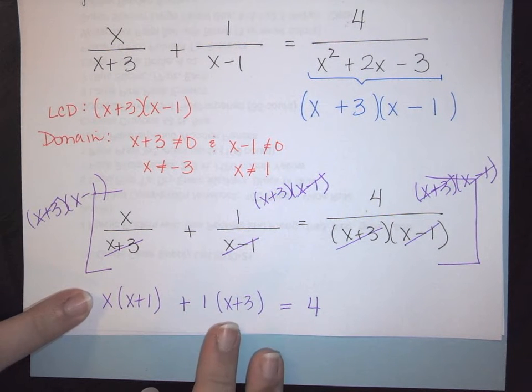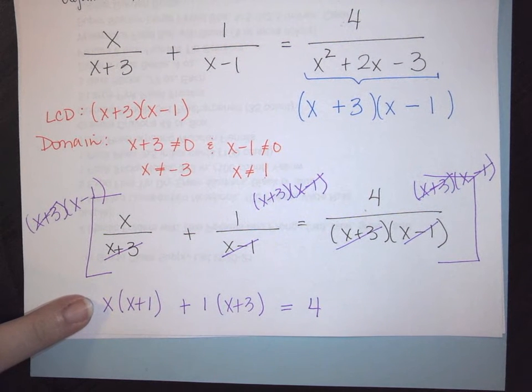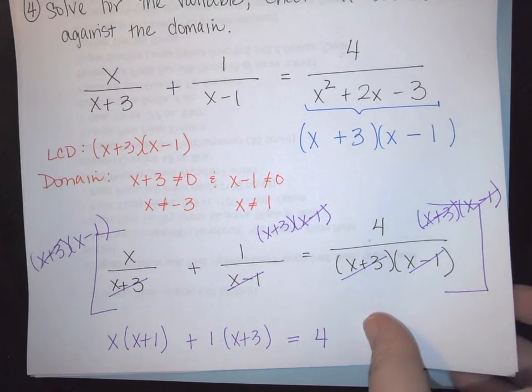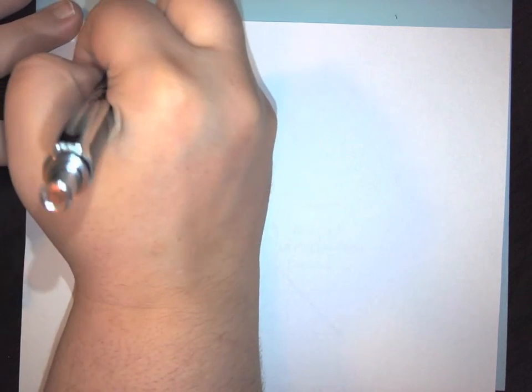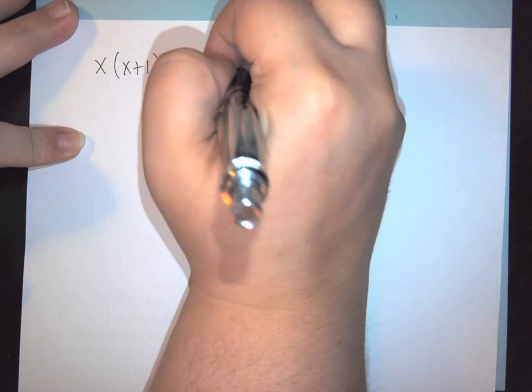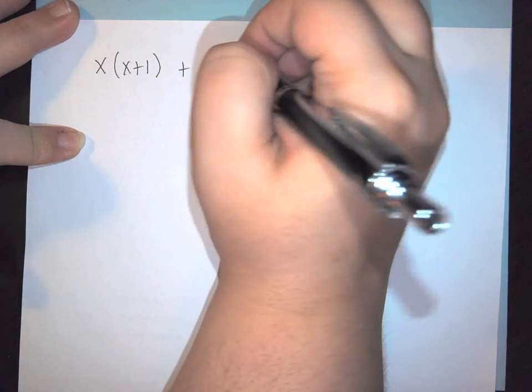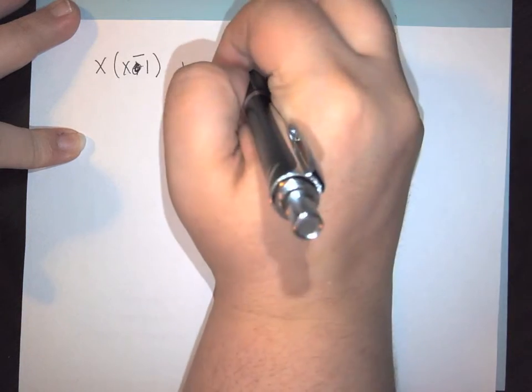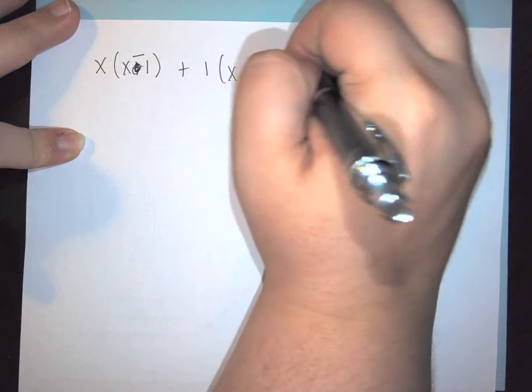Notice my equation has no denominators. Okay. So with this, what we have to do now is work on solving our equation. Here, again, we are left with x times the x minus 1, plus 1 times the x plus 3, and that is equal to 4.